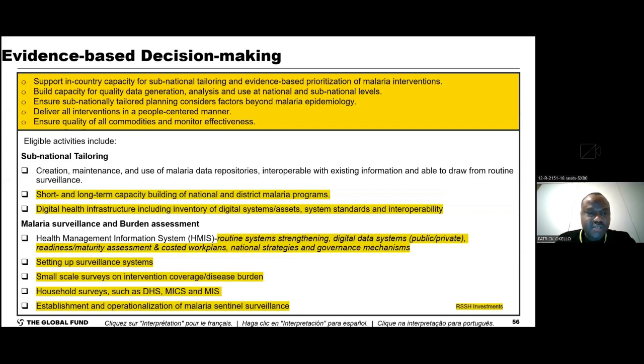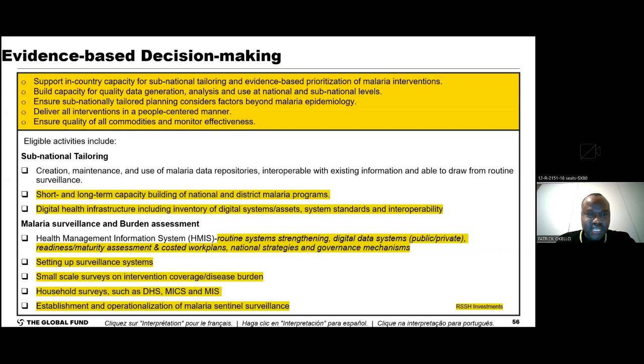Speaking to each of them specifically, for decision making, we hope that the resources can go into supporting all of you to build very good malaria data repositories, which are interoperable with existing information systems, and that using that information, you're able to do subnational tailoring and generate the data necessary to help us place the right interventions in the right place subnationally.